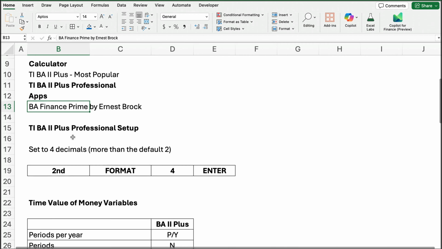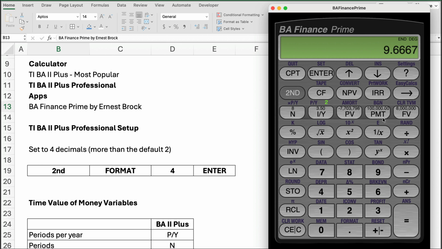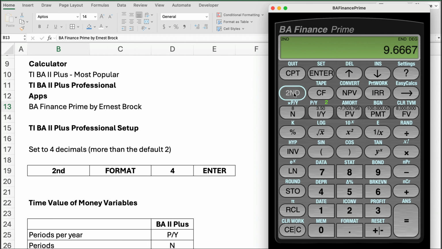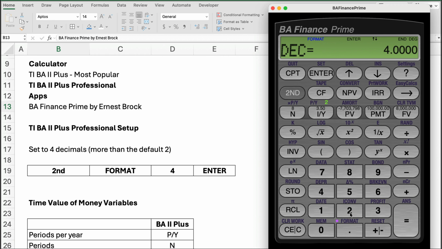One thing you want to do is, and I have a whole video on how to set up your calculator, you want to set up your calculator to be 4 decimal places. The way this calculator works is there's a second function that's a shift key, and then format, and your calculator is set at 2 decimal places.